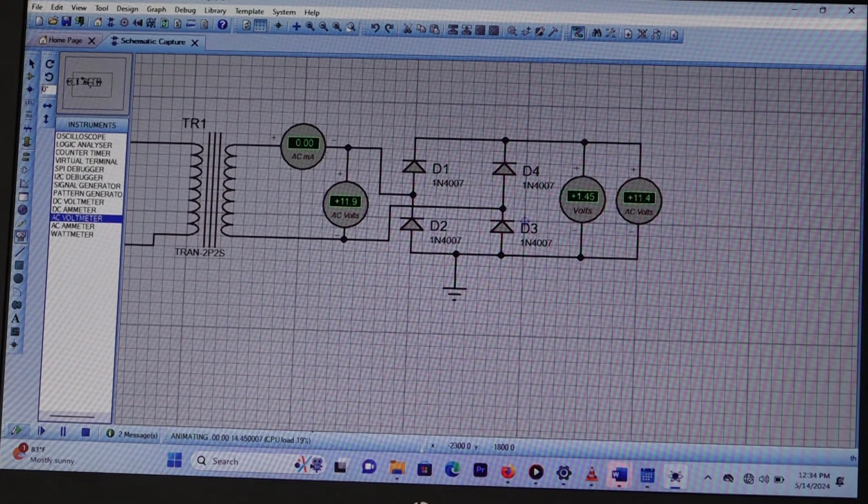What is the maximum voltage? 11.4 times under root of 2, which is 16.22. So the output maximum voltage of the bridge rectifier is 16.22 volts. Remember that the output of the bridge rectifier is the input of the filter unit.